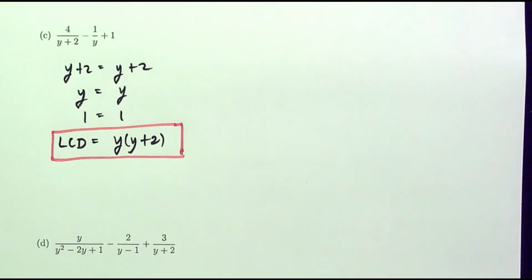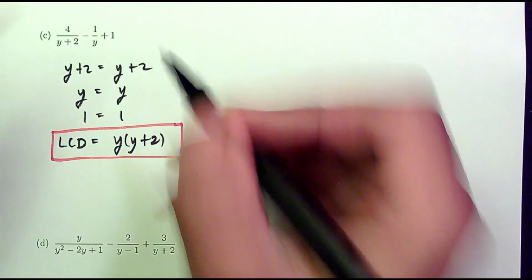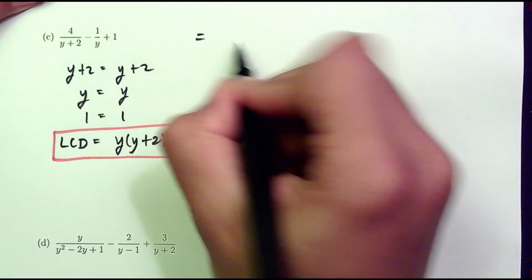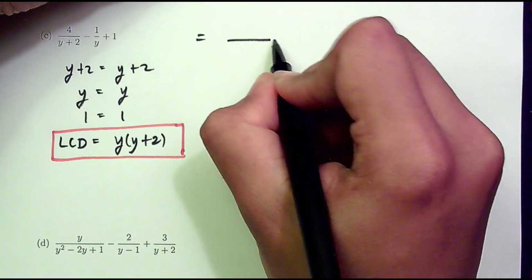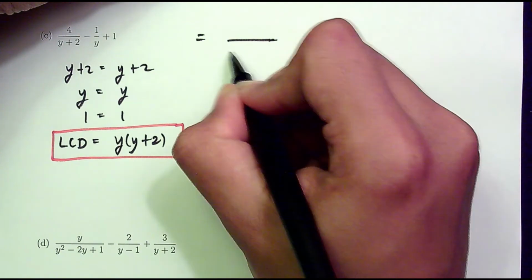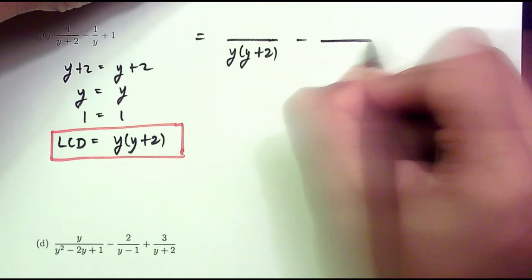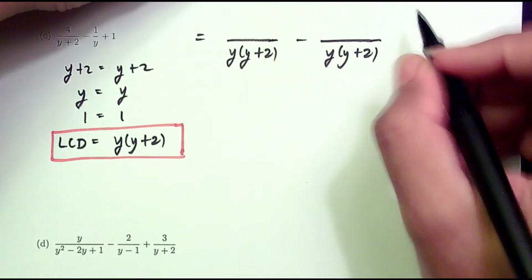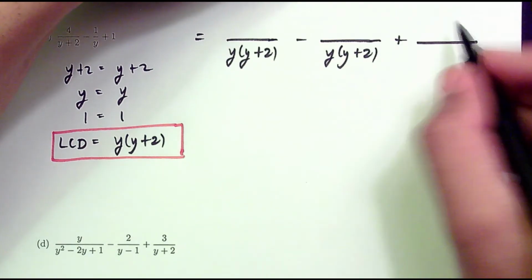Okay, and then you go back and convert each of the three fractions into new rational expressions that have this as the denominator. So we're going to have three rational expressions that have this as their denominator.